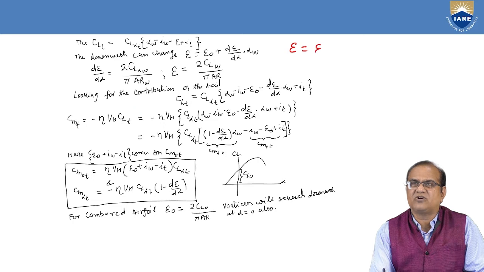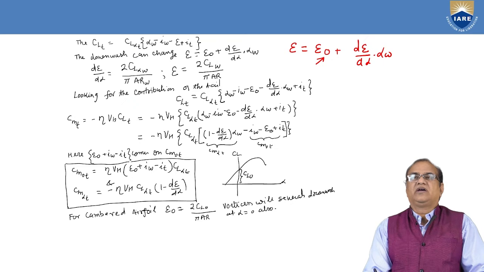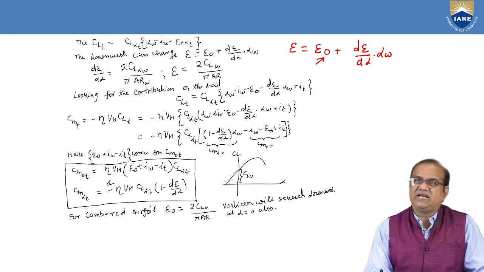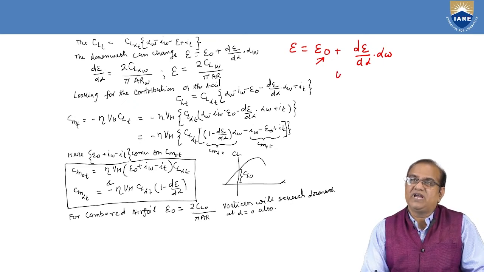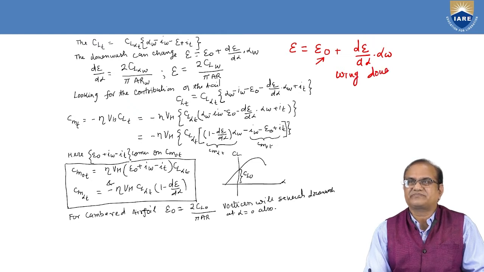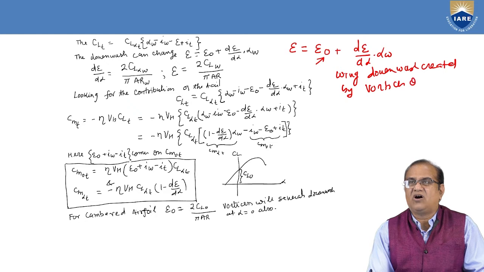This epsilon is equal to epsilon naught plus d epsilon by d alpha into alpha of the wing. Why have we taken this? Because this is happening due to the wing downwash created by vortices on the tail.